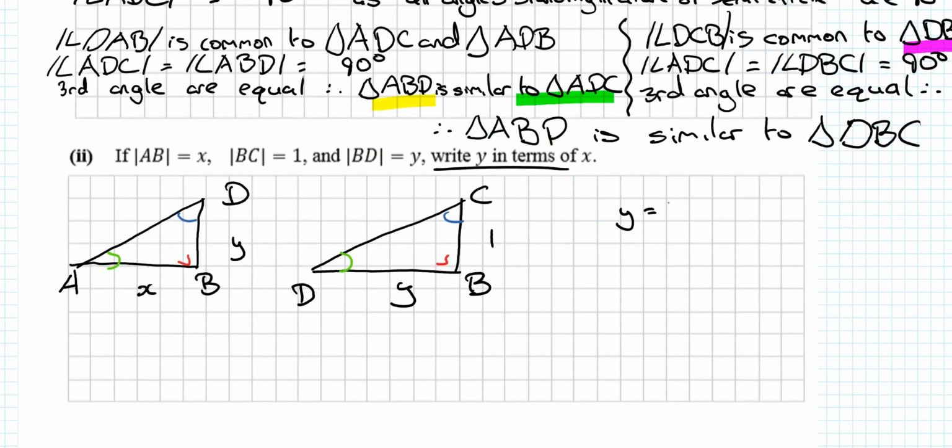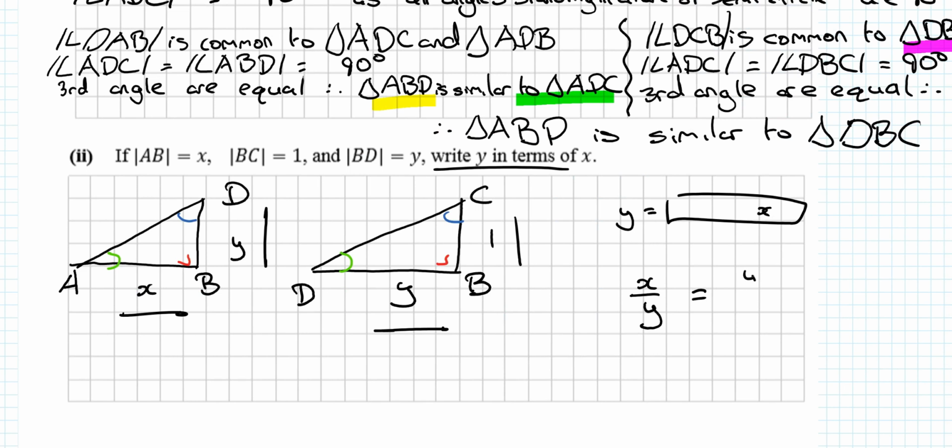So Y is equal to something with X's. I know that X over Y, this over this is going to be equal to this over this is going to be equal to Y over 1. So X is equal to Y squared.